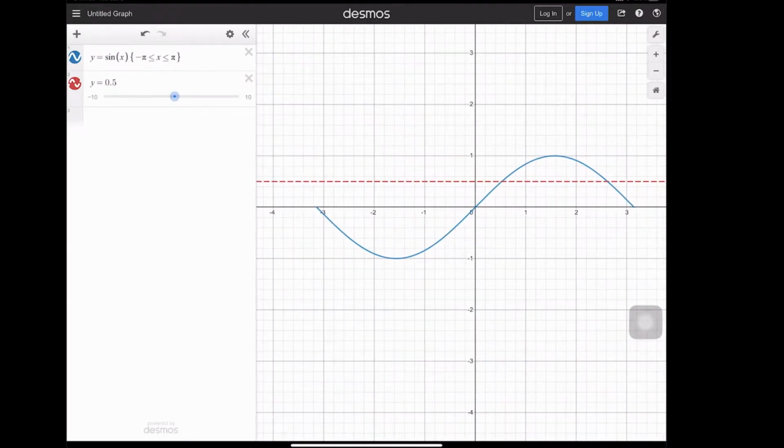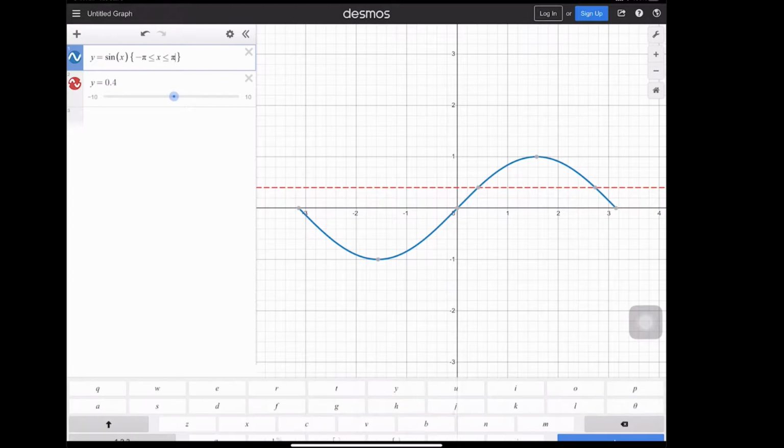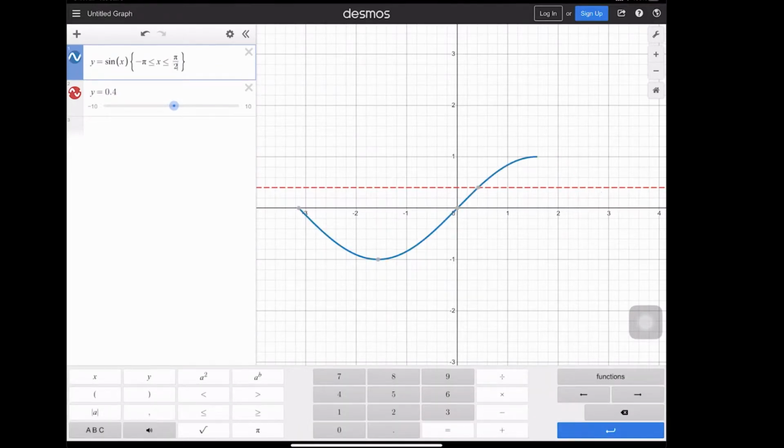Now take a look. Now what do you guys see? We've got to restrict it. Is it 1-to-1? Say no. All right, not 1-to-1 yet. So we're going to restrict it even further. Divided by 2.